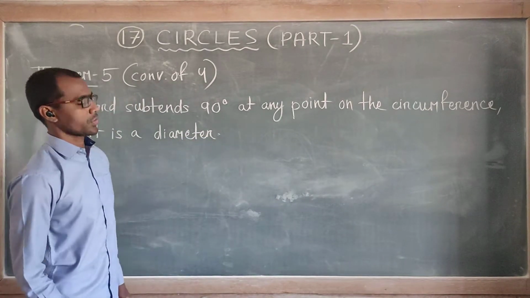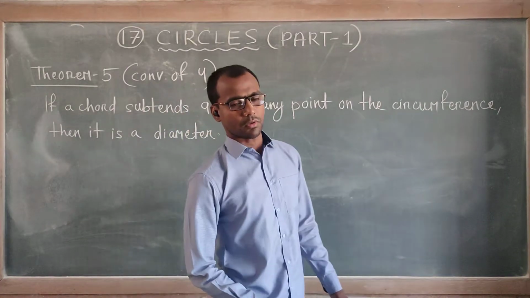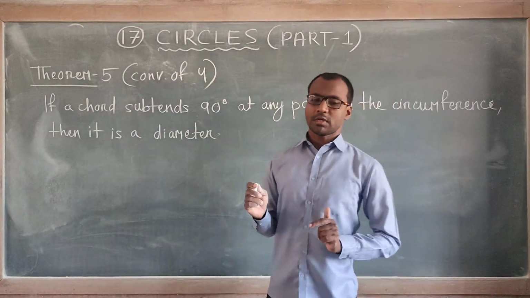Okay. If a chord subtends 90 degree at any point on the circumference, then the chord is a diameter.